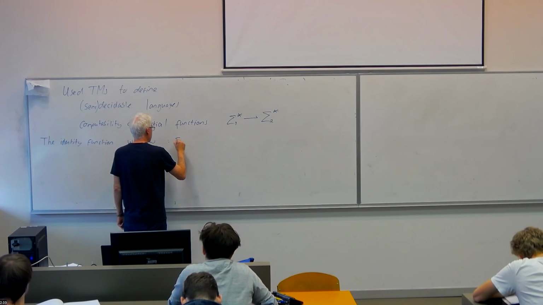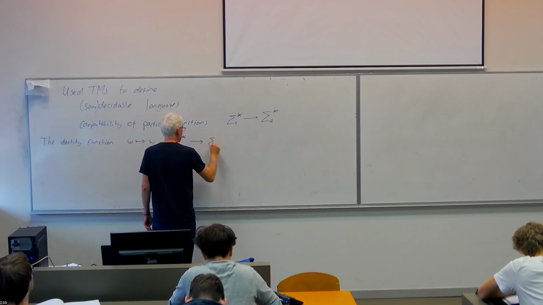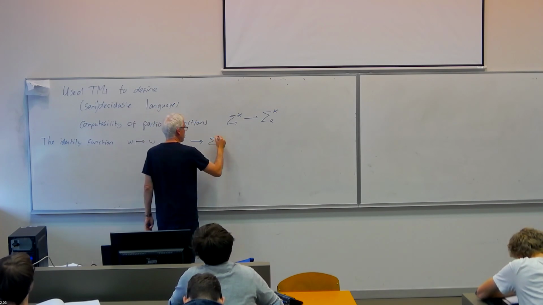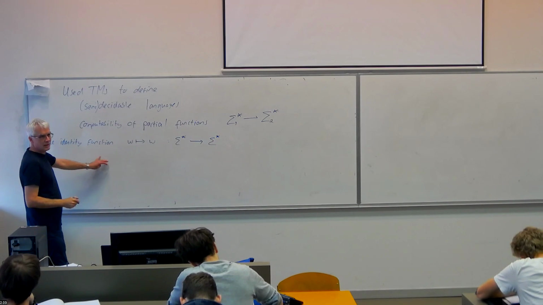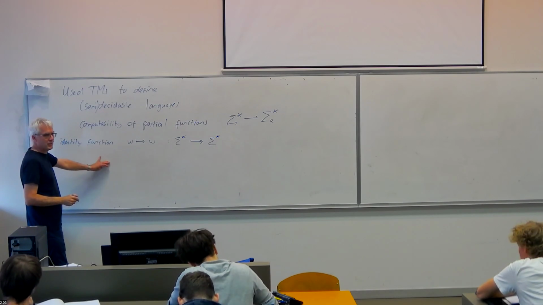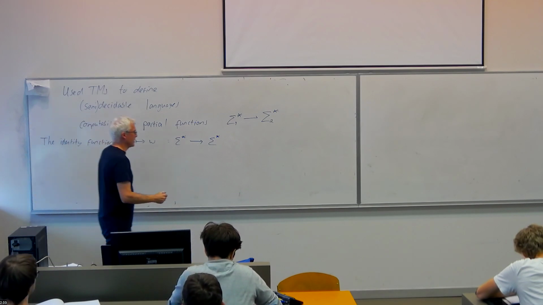So that is from an alphabet, a total function. Given a word over an alphabet, it gives us back a word over the same alphabet. This is obviously computable, because to compute this, we just need the Turing machine that immediately goes into a halt state. It doesn't need to do anything. So this is computable.